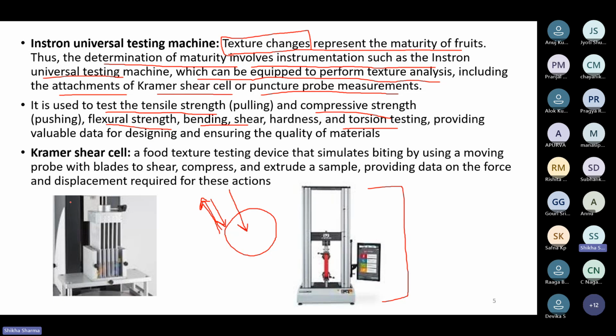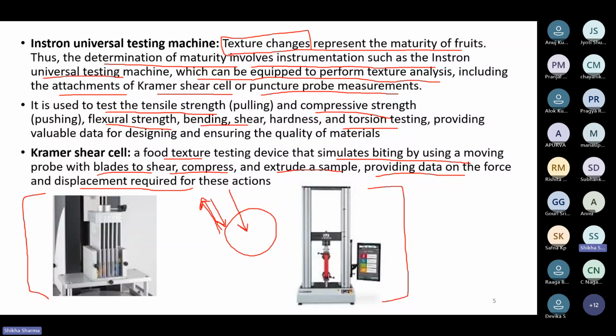Then this picture on the left-hand side is of the Kramer's shear cell, which measures fruit texture that simulates biting by using a moving probe with blades to shear, compress, and extrude a sample, providing data on the force and the displacement required for these actions.